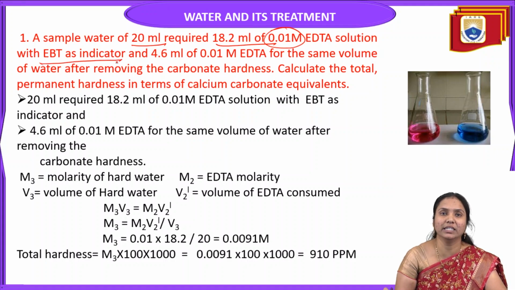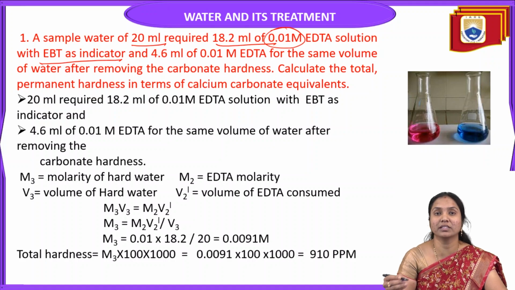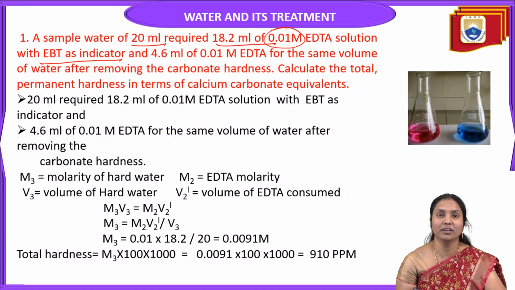EBT is the indicator. In previous classes we discussed what the EDTA method is and its procedure. Generally, EDTA acts as a complexing agent. EDTA stands for ethylene diamine tetraacetic acid. It is mainly used for the estimation of hardness.